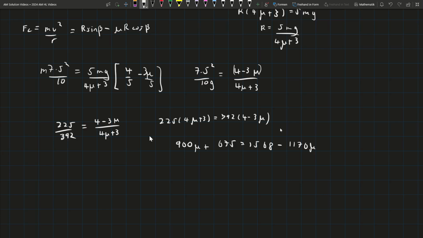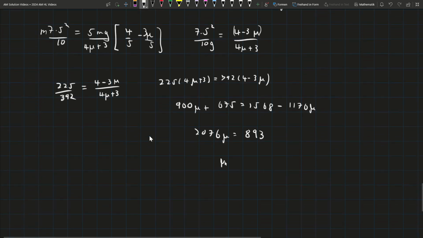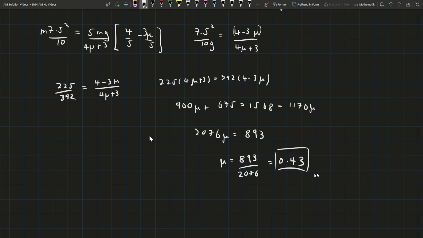We'll have 900 plus 1176 is 2076 mu equals 1568 minus 675, which is 893. So mu is just going to be 893 over 2076, which, if you put into your calculator, is about 0.43. So that's what mu is.